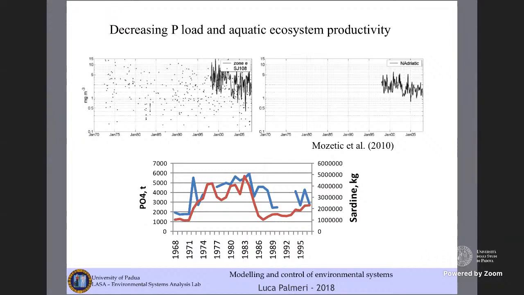For example, here we have decreasing phosphorus loads and aquatic ecosystem productivity. In red here, we are describing phosphorus concentration, while in blue we are describing the kilograms of sardines that are landed from vessels that are doing fishery.